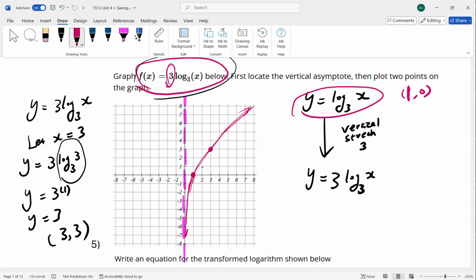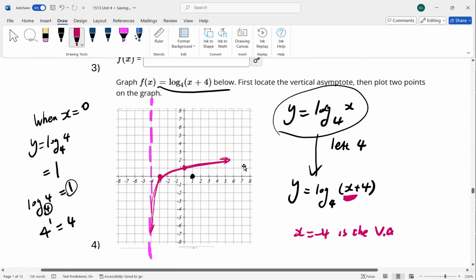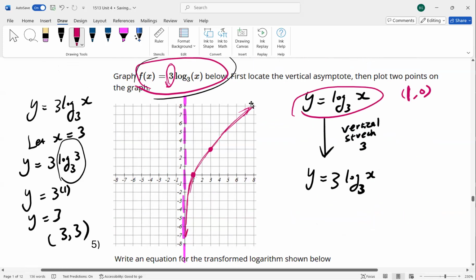It is stretched vertically by a factor 3, so it looks taller, like it goes up higher. Normally, it really goes down, like very depressed. Since it's vertically stretched by 3, it looks a little bit happier.